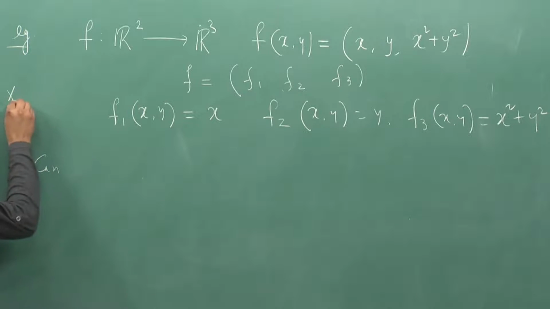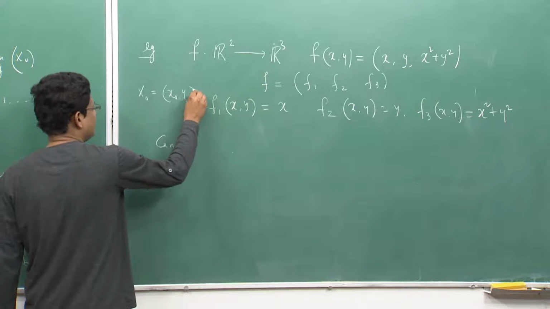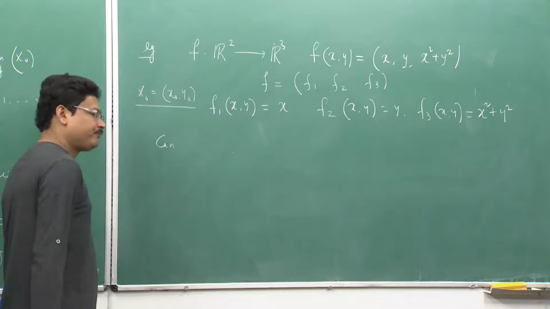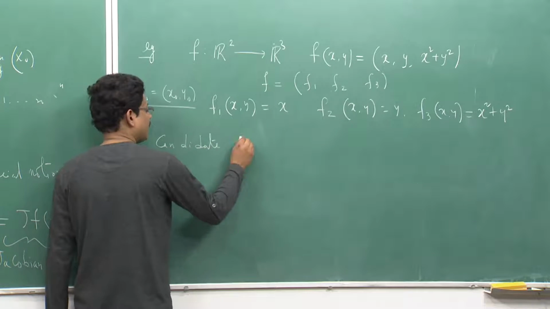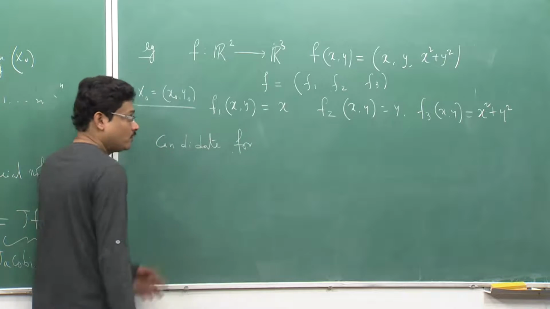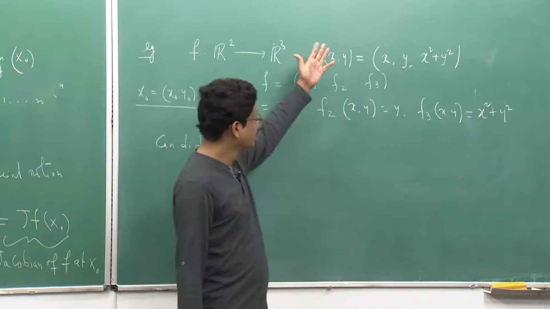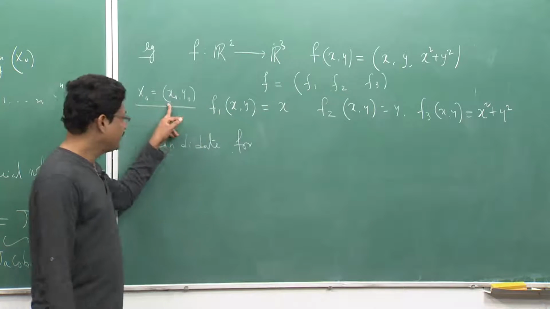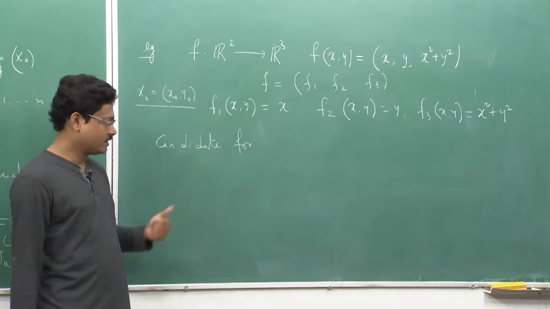Now I am checking at a point x naught equal to (x naught, y naught), some arbitrary point. So I write candidate, because I still do not know, given an arbitrary point (x naught, y naught), if it is differentiable or not, because I have not checked the definition.